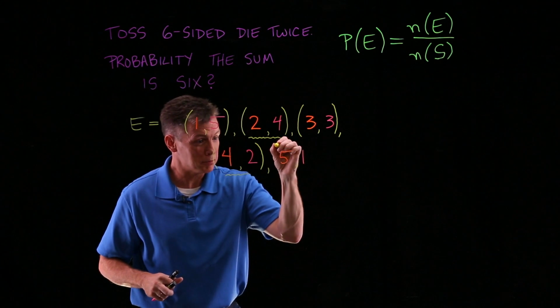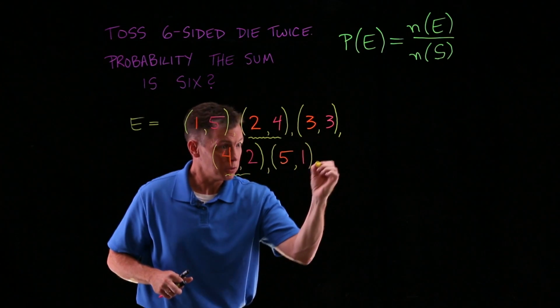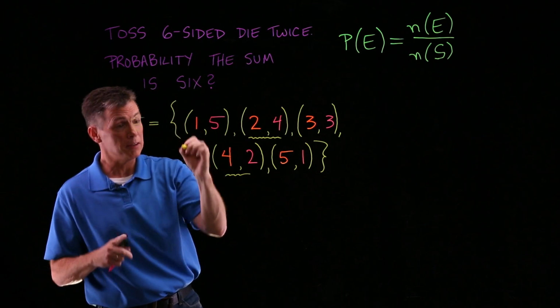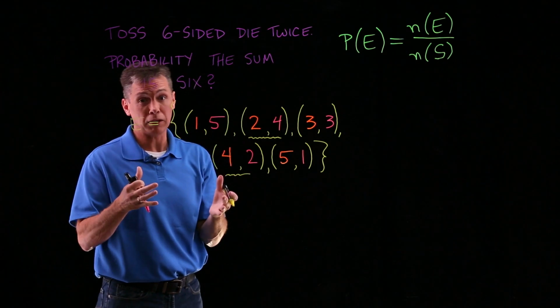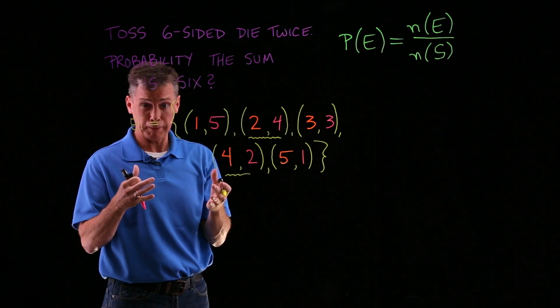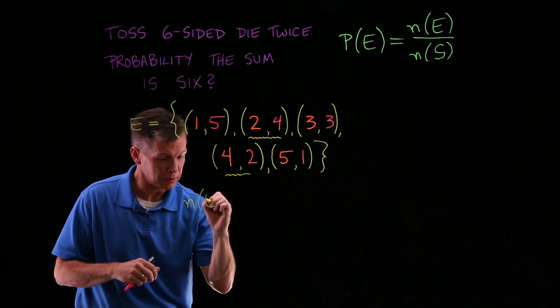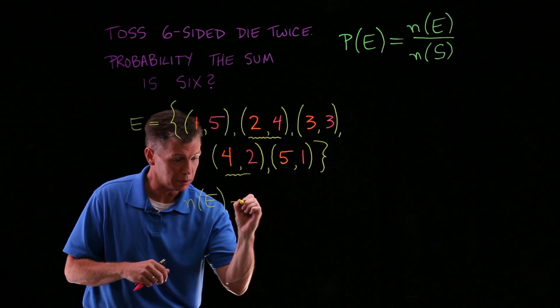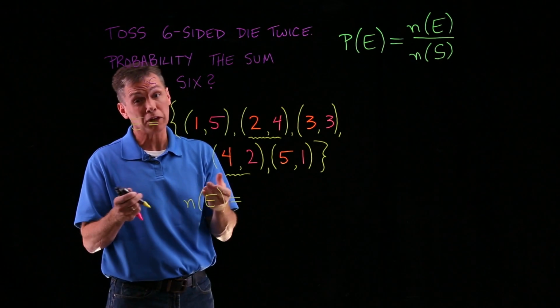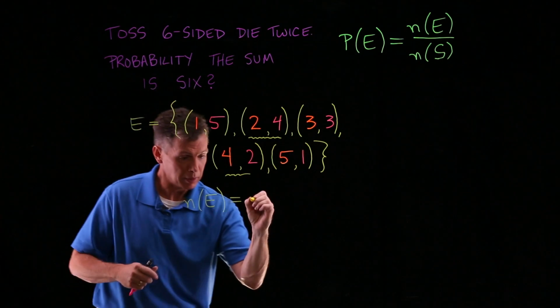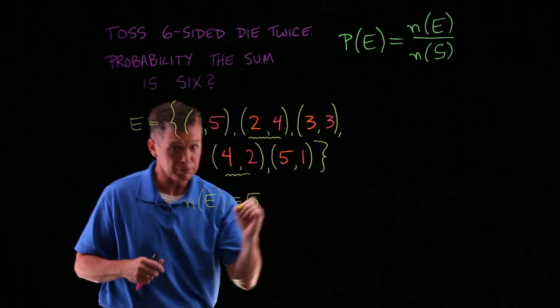And then I'll try to wrap everything up in yellow so you can see, if I put my curly braces, this set of all possible ways that I could win. All right? And now my N of E is the total number of ways that I could win, and you just count them. 1, 2, 3, 4, 5. My N of E is 5.